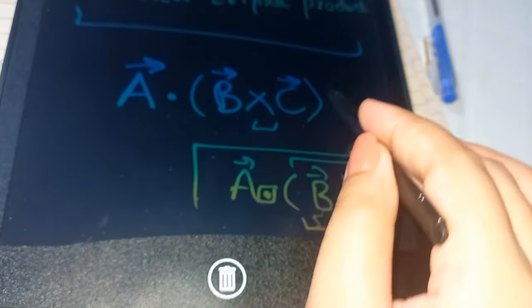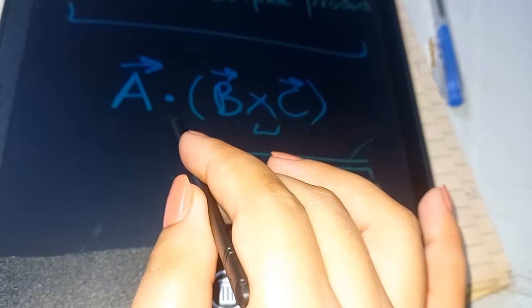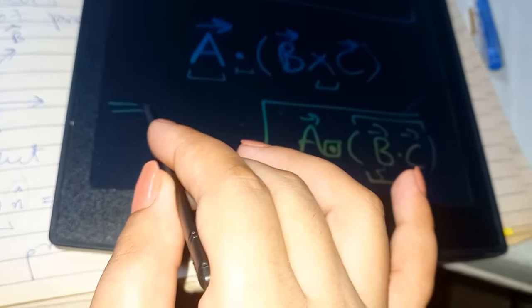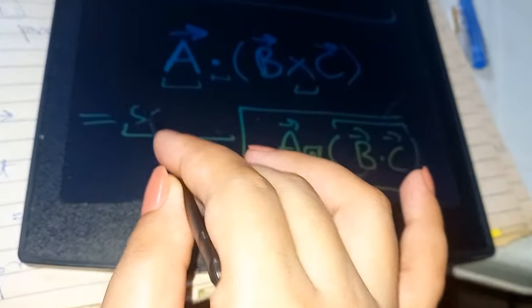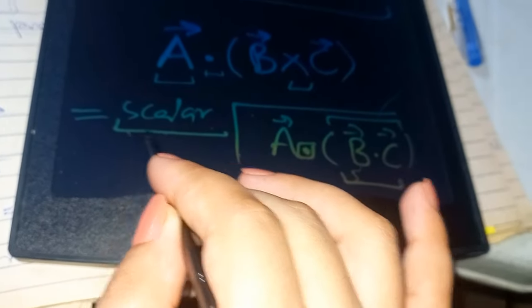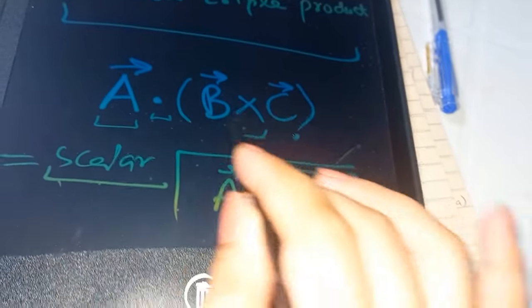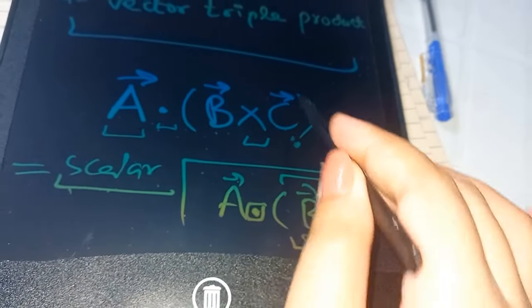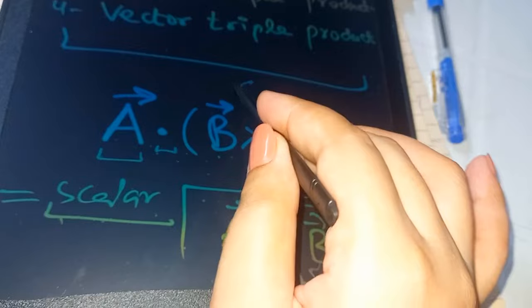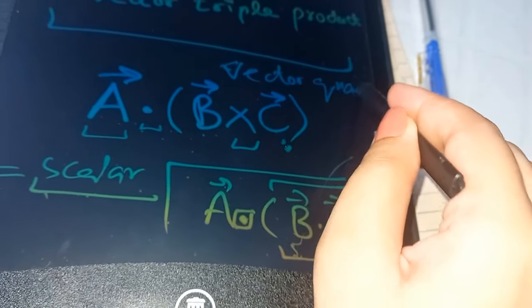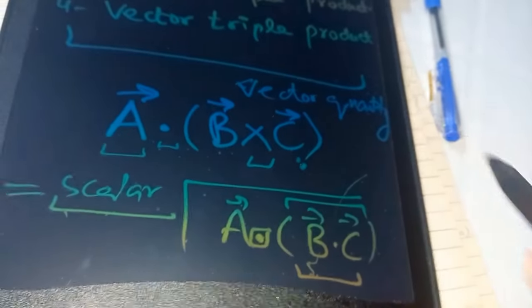This vector then has a dot product with the A vector, and this whole thing results in a scalar quantity. As you can see, you first calculate B cross C, which gives you a vector quantity. The order of operation matters here.